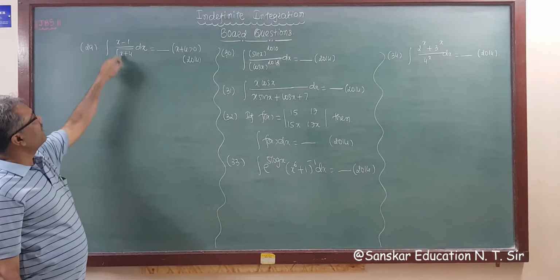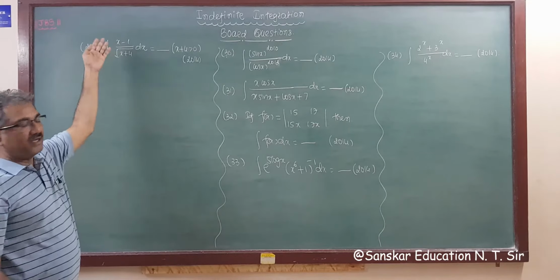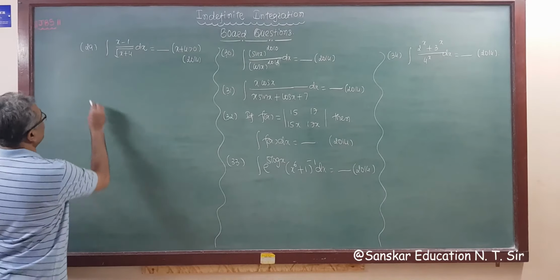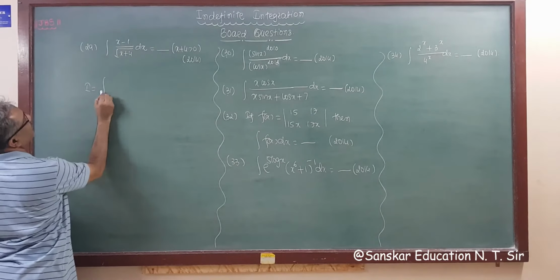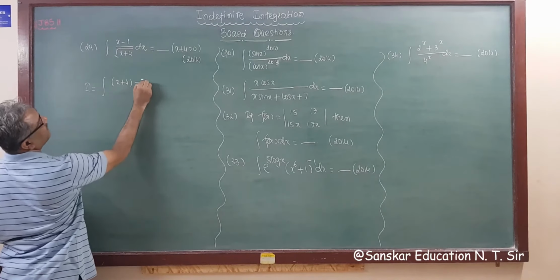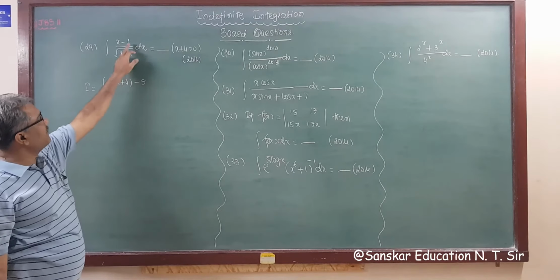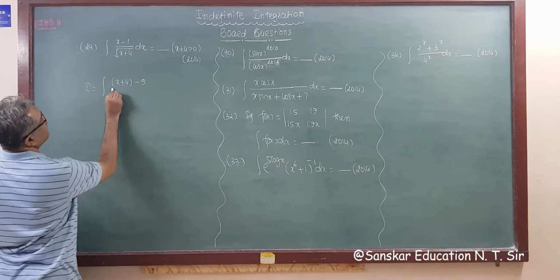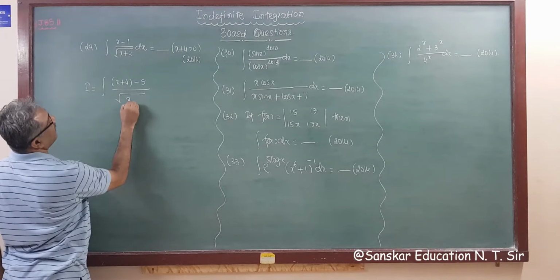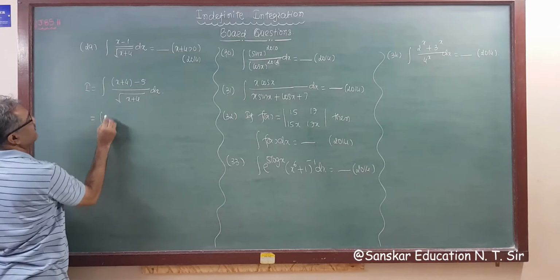So derivative of the denominator is 1, but here is x. So that means we have to adjust the denominator in the numerator. So the denominator is x plus 4. So adjusting x plus 4 in the numerator, we have x plus 4 and we require minus 1. That means we have to subtract 5, so 4 minus 5 is minus 1 and x is as it is. So this is under root x plus 4 dx. So bifurcating this, what we get?